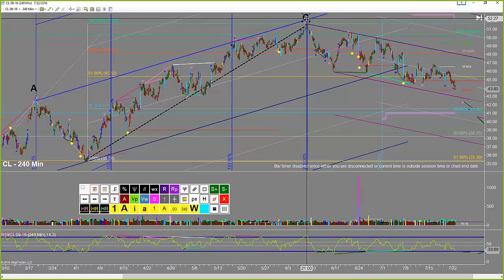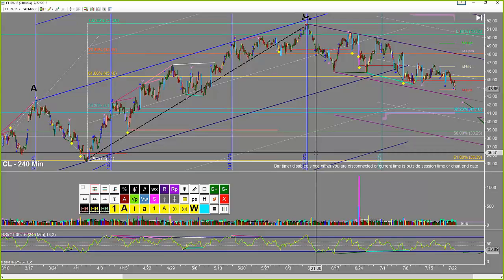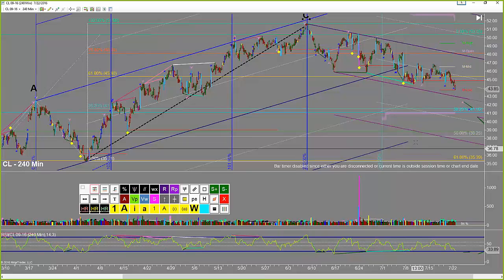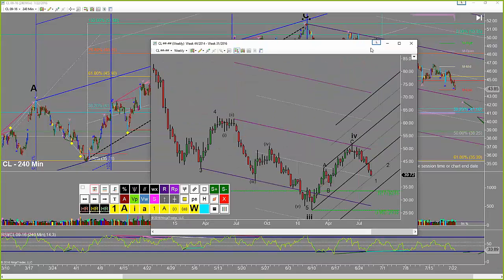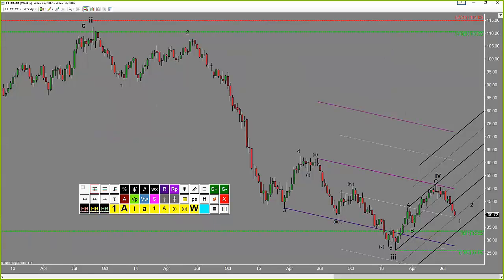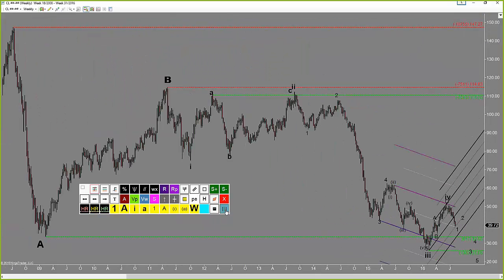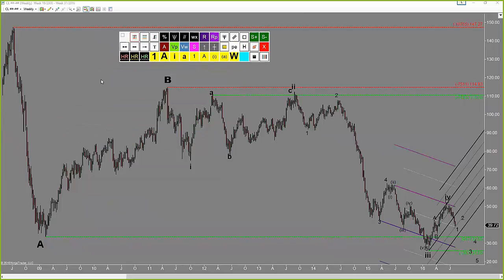I've been saying that since we started this room back in, I guess, January, that we were looking for a big correction up and then another wave down. In the weekly chart, I've already got it kind of mapped out here. We had this big push down, but we need a C wave down to complete this entire move.